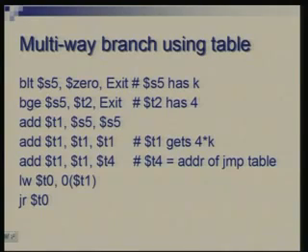So, we will do this with the help of a table. Okay. What we have is that in a table we have all the starting addresses of different cases, okay. And then we simply look at the value of k, use it to pick up the right address from the table and jump to that. So, let us see how it is done.